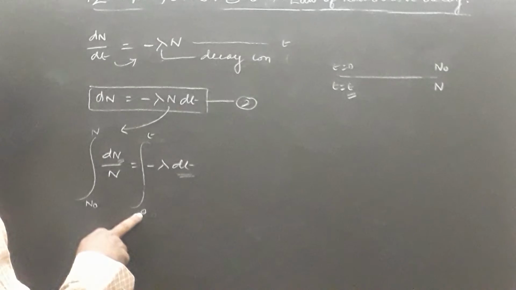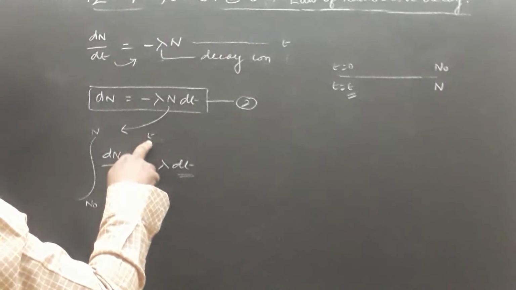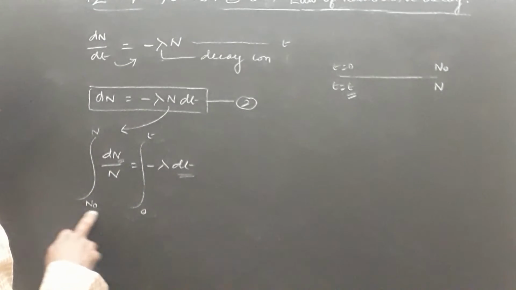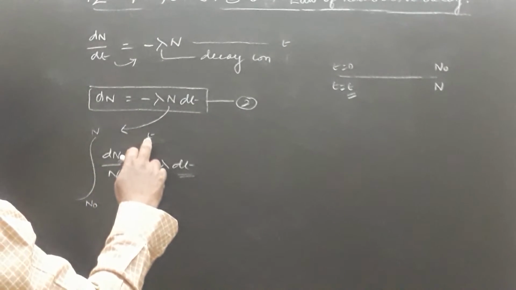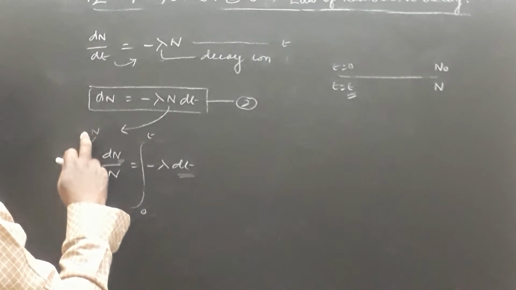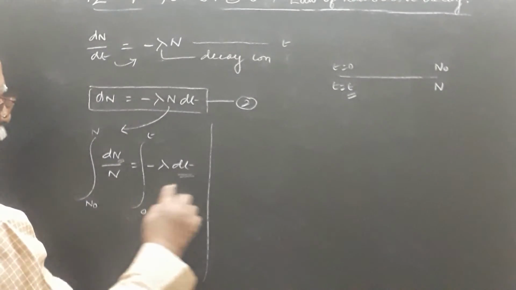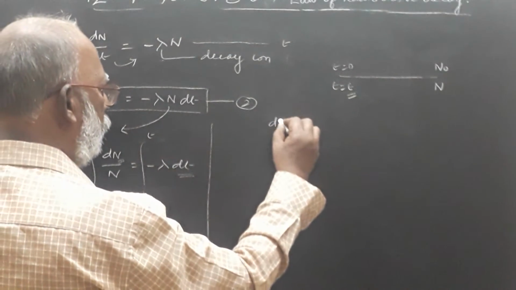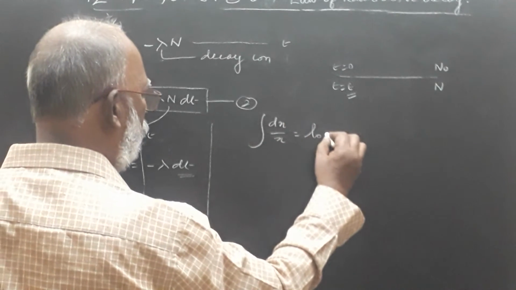When there is no decay, the number of nuclei is said to be N naught. When decay has happened for some time, then up to the time t, the remaining nuclei is said to be N. Now these equations are created in a two-way process. The integral of dx by x is equal to log x.